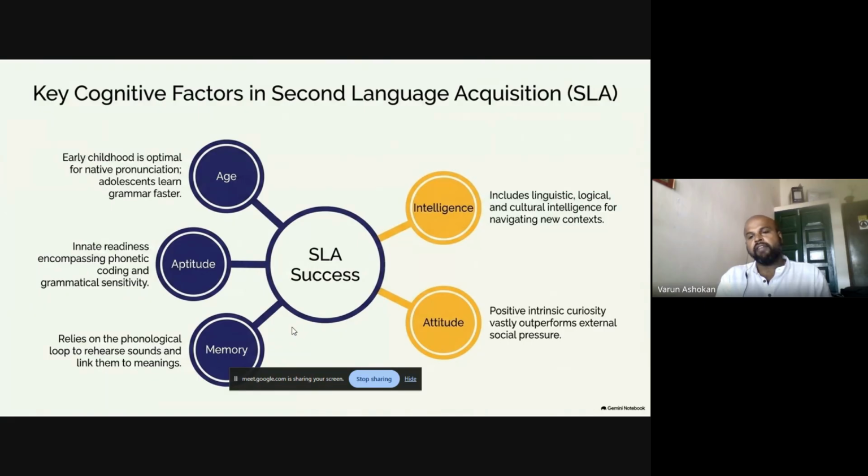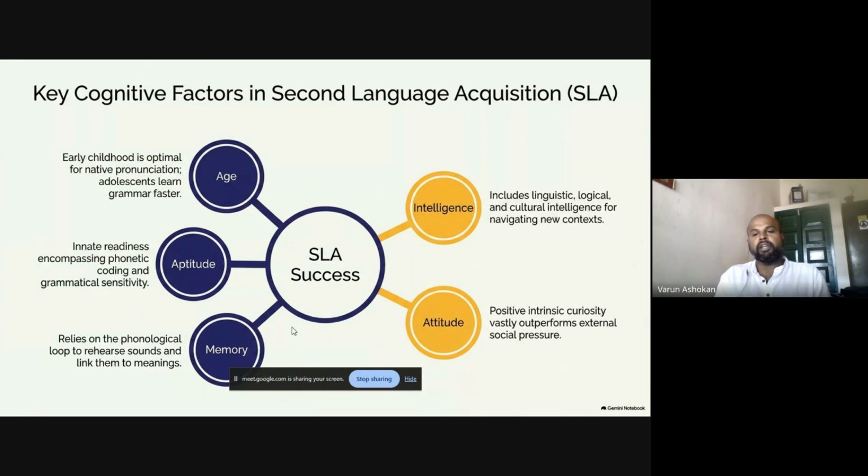Then we understood that he always had a positive look to learn the language, to use the language. He was less worried about the mistakes he was going to make, but around that time I was worried about what mistakes I would make, whether the grammar I use is correct or not.